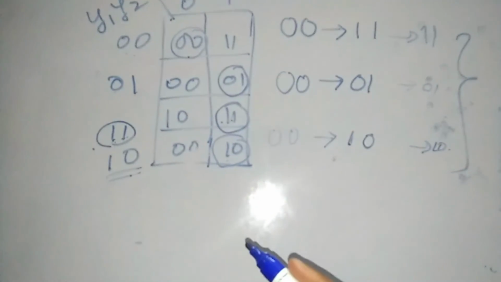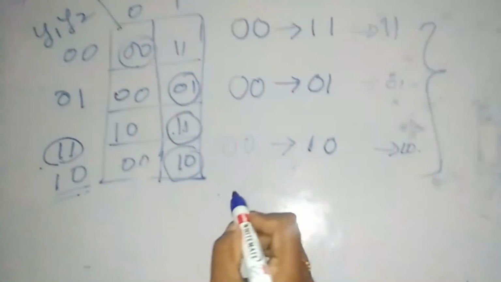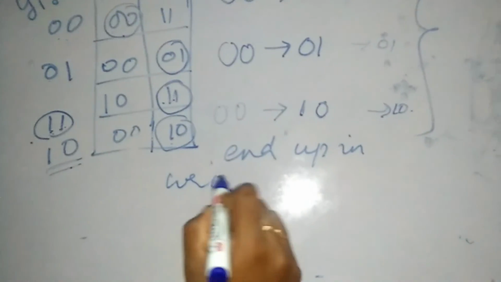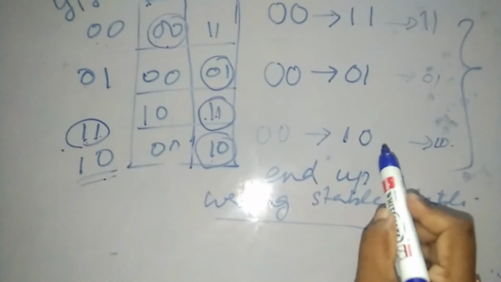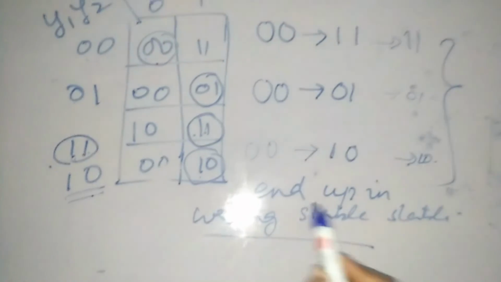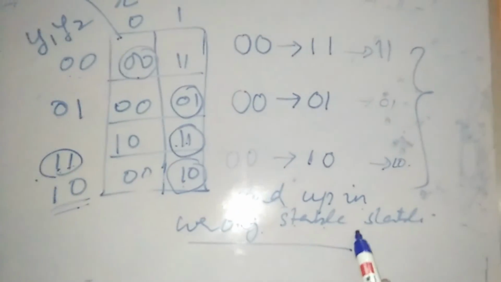So critical race is due to the delay, and here it ends up in a wrong stable state. Understood? In the previous example, whenever the sequence changes by 1 bit, you end up getting the correct stable state. But in the case of critical race, it depends upon the order, and due to the delay element it ends up in the wrong stable state. That is your critical race.